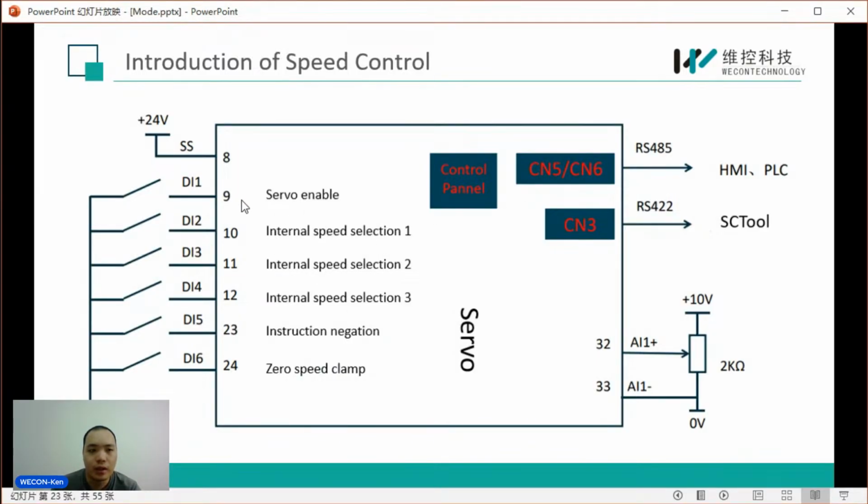You can see here are 3 terminals, DI 2, 3, and 4, corresponding to internal speed selection 1, 2, and 3. Because our drive supports up to 8 segments of speed, it needs 3 terminals to select which speed the motor runs. 2 plus 2 plus 2 equals 8.